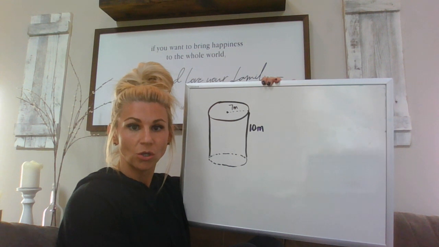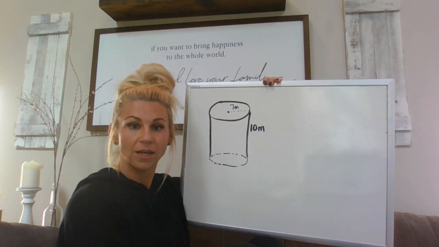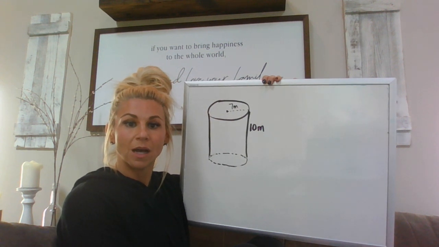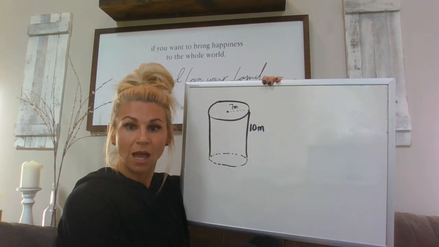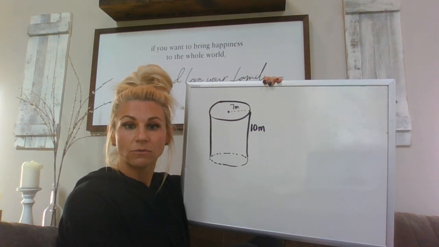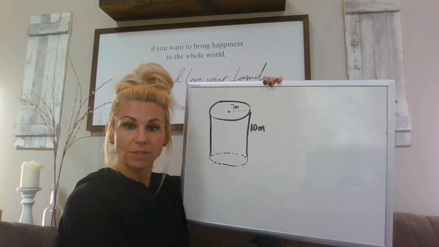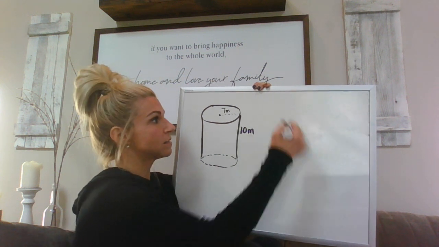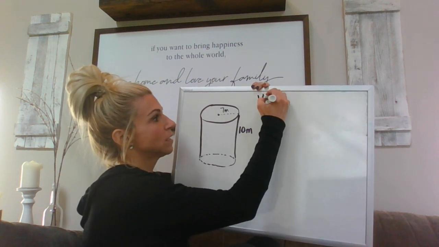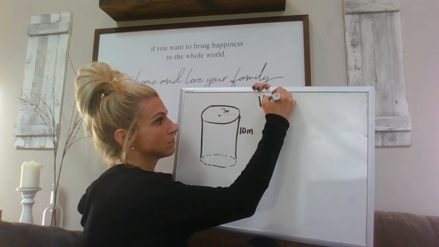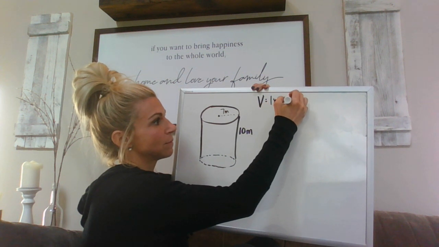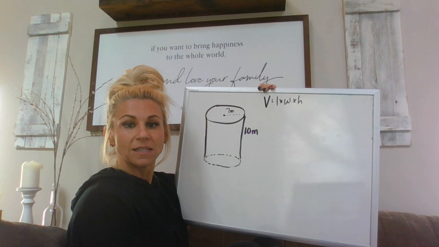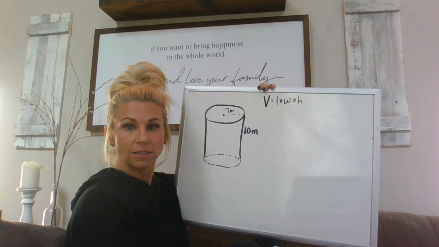This week, you should have been learning about how to find the volume of a rectangular prism or cube. So you probably learned the formula, which is length times width times height, okay? Now, we already know what that really is. If you take volume as length times width times height, that's the same thing as area times height, right?